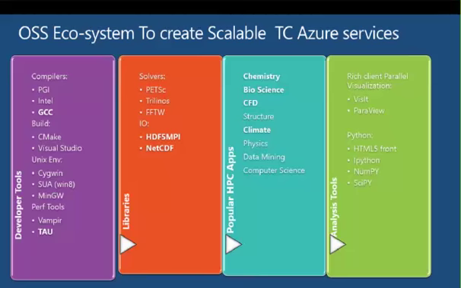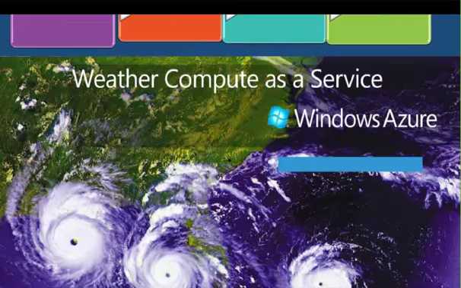We have tools that allow you to simply compile on Linux and take that executable and run it on Windows machines, meaning Windows Azure. It's a very cool set of tools that we're providing to be able to do large computation.